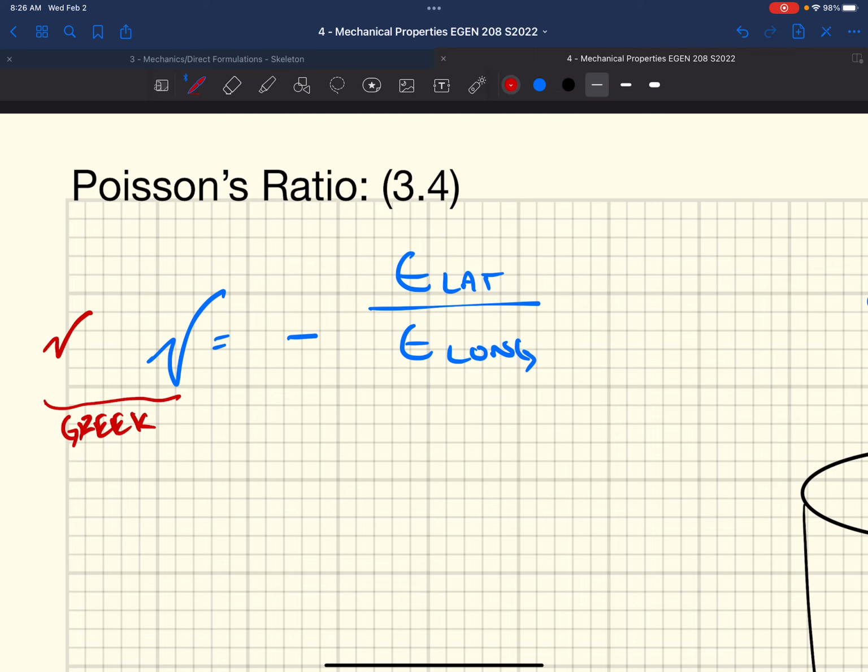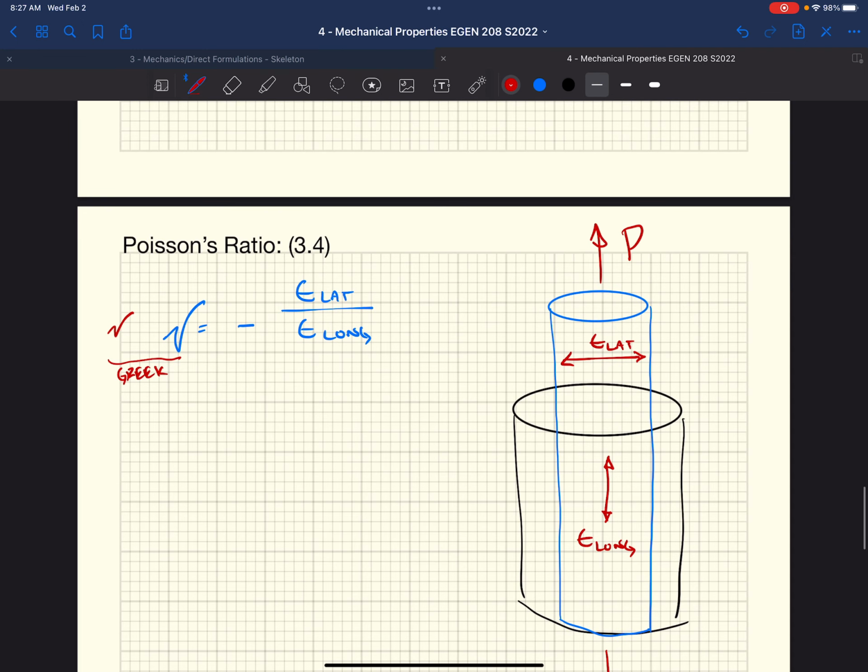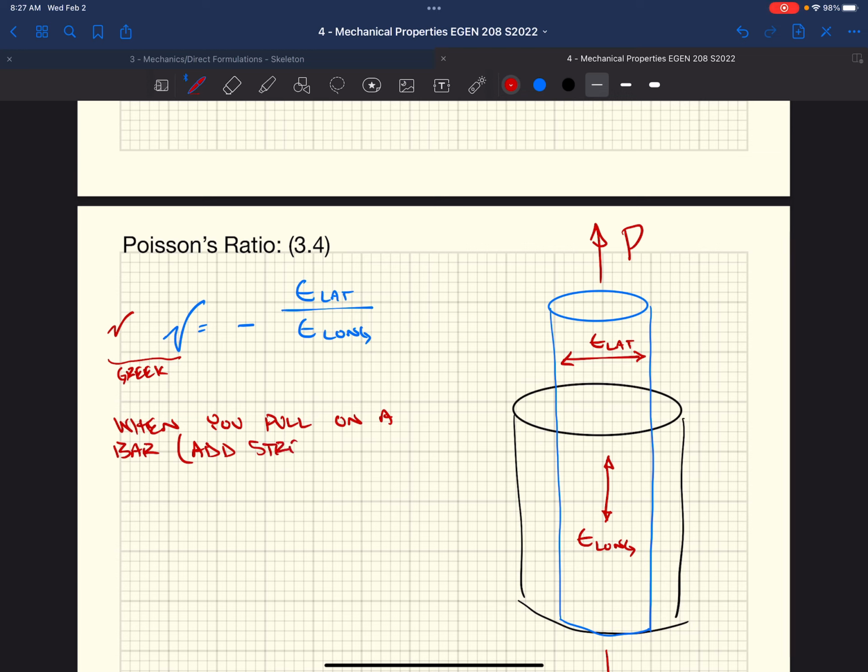Poisson's ratio is the negative lateral strain over the longitudinal strain. It gives us this behavior of what's going on in the lateral direction versus the longitudinal direction when we pull on something, when we stretch something. When you pull on a bar, we're adding stress. The bar elongates.